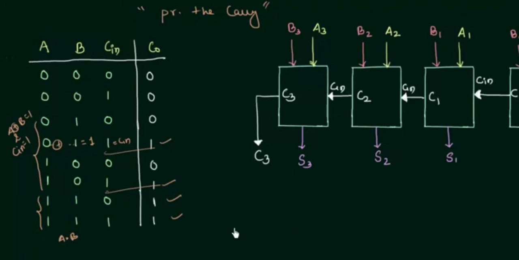So what I can write is C output as A and B, or this thing, A XOR B and C in. Okay, this we just evaluated from our truth table.